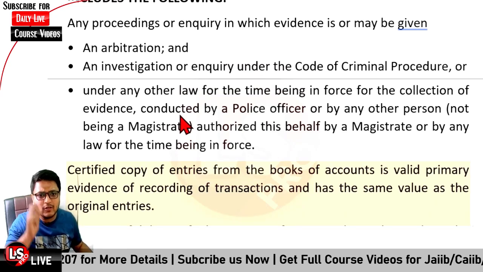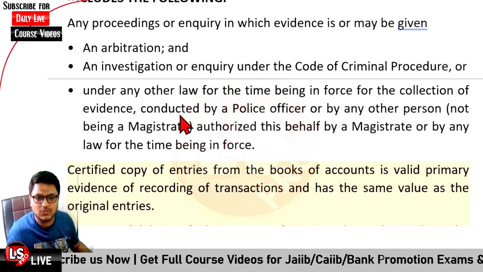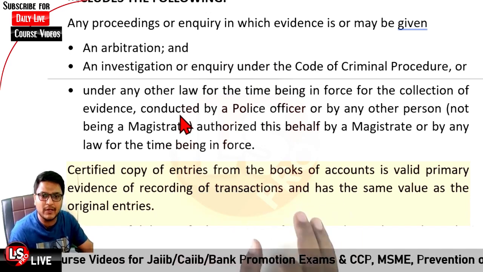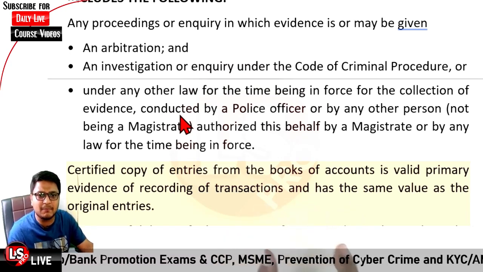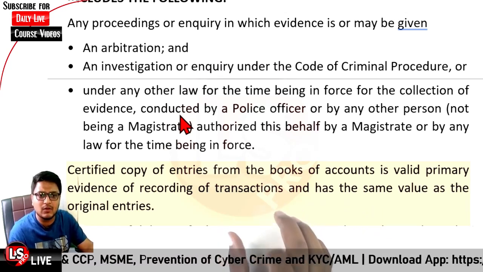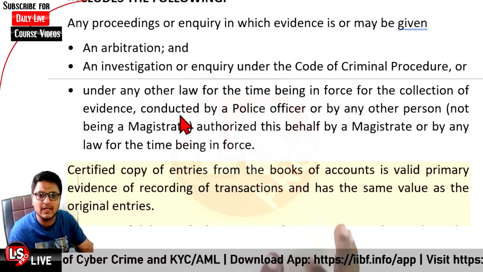So a certified copy of entries from the books of account is valid primary evidence. So a certified copy that is taken, whether through the mechanical retrieval process or through the electronic retrieval process, is a prima facie evidence, a primary evidence that can be considered. Okay, but it has the same value as that of the original entry.